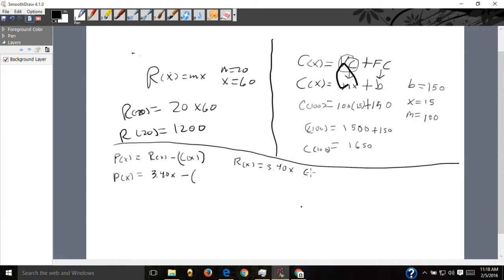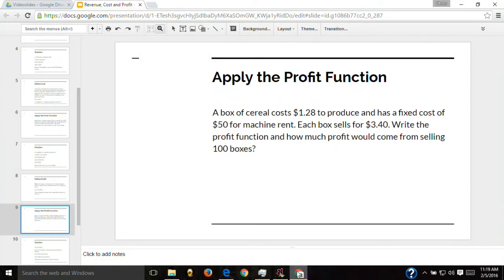Now C of X, as we've stated before, is variable cost plus fixed cost, or MX plus B. So let's figure out what my fixed cost is first, because usually that's easier to figure out. Alright, says it right here. Fixed cost of $50 for machine rent.